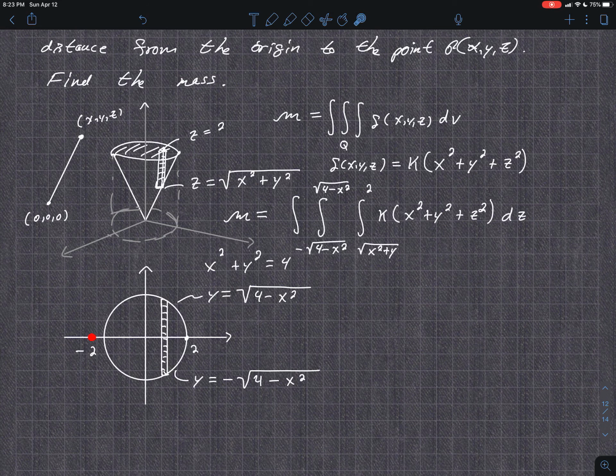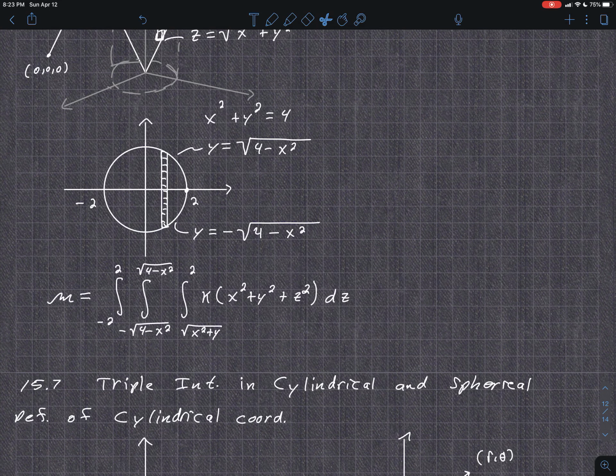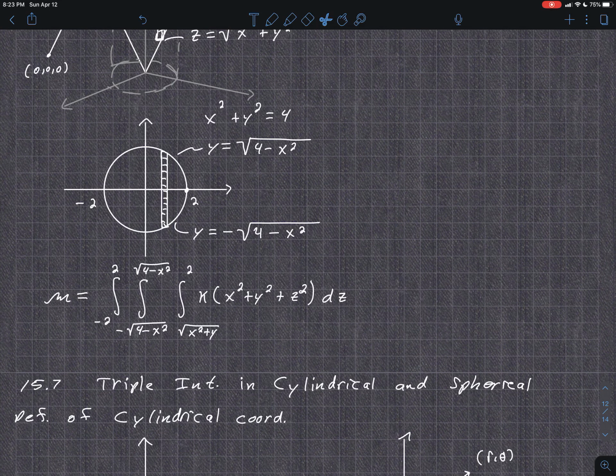And then you're adding that up from negative 2 to 2. And that would be your mass. Let me move this out of here because it's kind of in the way. I'll just put it here. So that's what your mass would be.